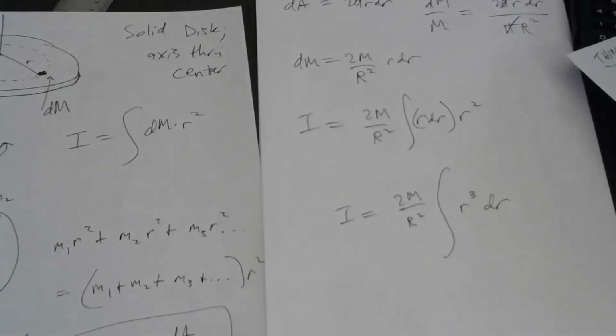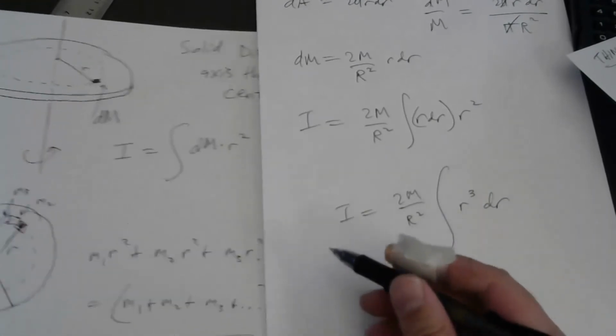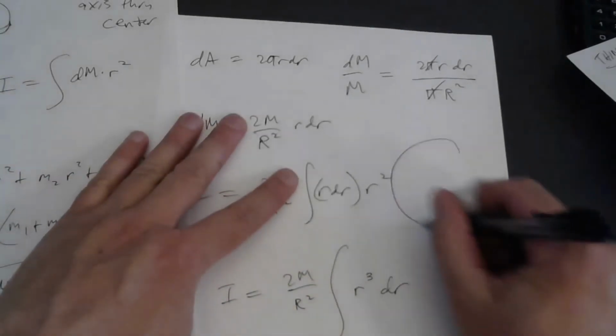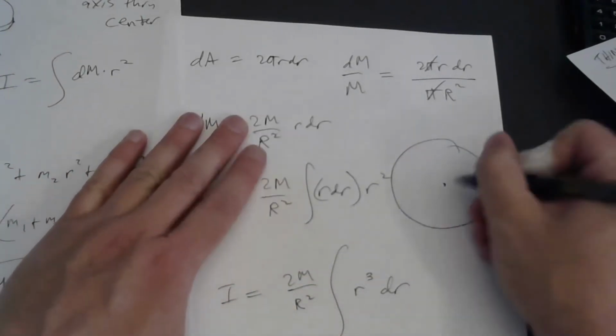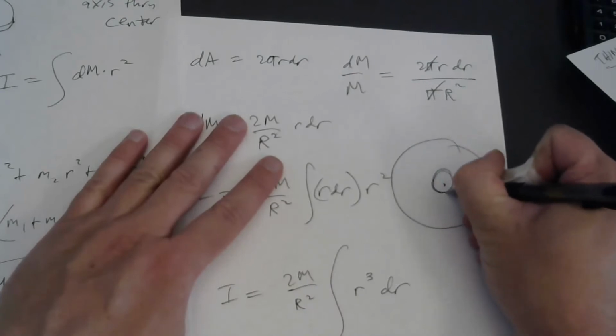We're practically done. The last thing to do would be to choose limits of integration. So we go back to our picture. Maybe I could draw a new picture right here. What we've actually done is we've found the moment of inertia of this little hoop.